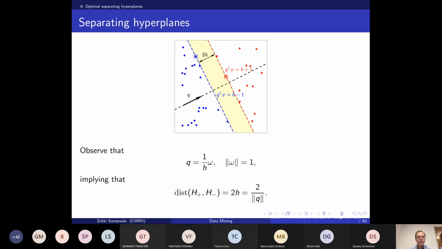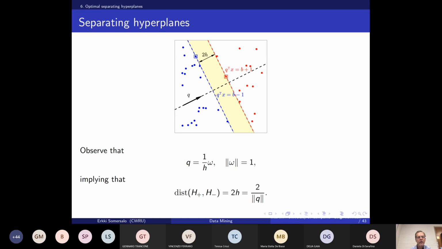If you find those two hyperplanes, then 2h is the distance between those two classes. You try to maximize that gap, and that was the optimization problem. And those vectors which are lying on the hyperplanes separating the plus and minus sets are called the support vectors. So that's the source of the name of the algorithm.